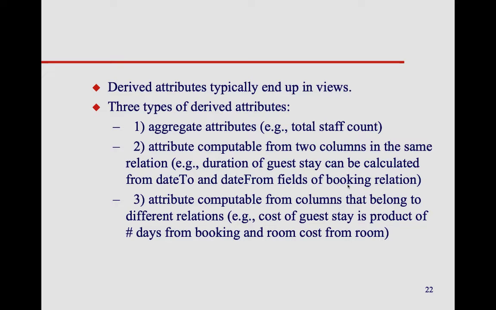The duration of the stay is in the booking relation. So I need information from two different relations to compute the cost or the revenue we get from a guest stay. So the third type of attribute is one computable from columns that belong to different relations. Okay, these are all derived attributes.